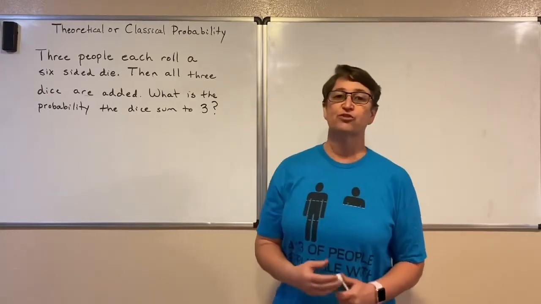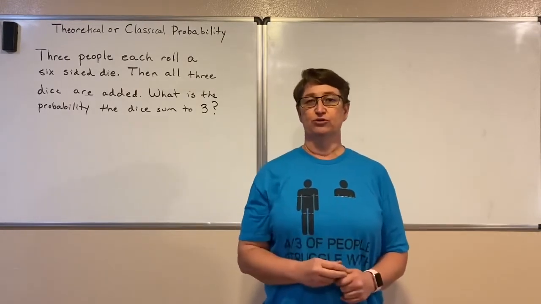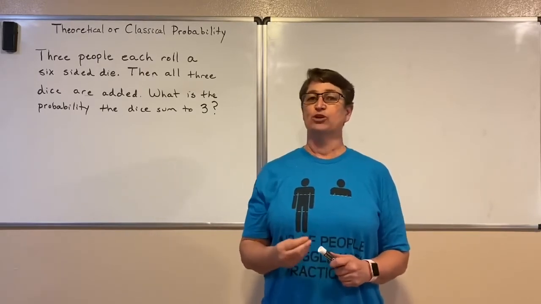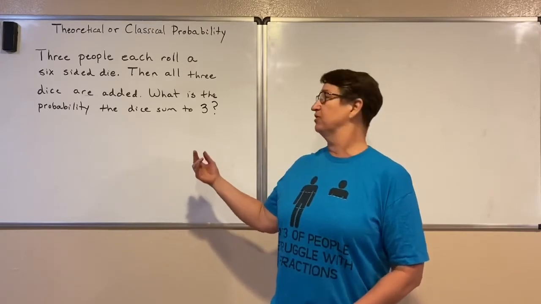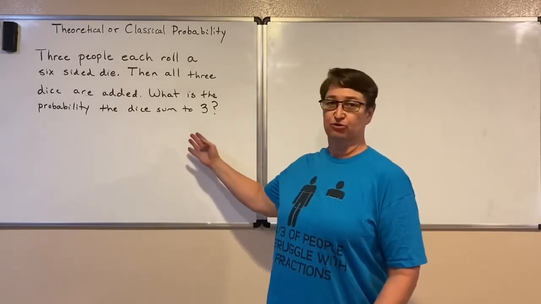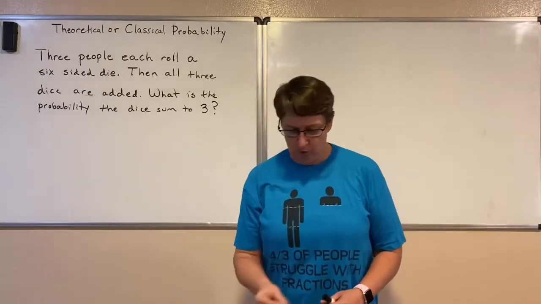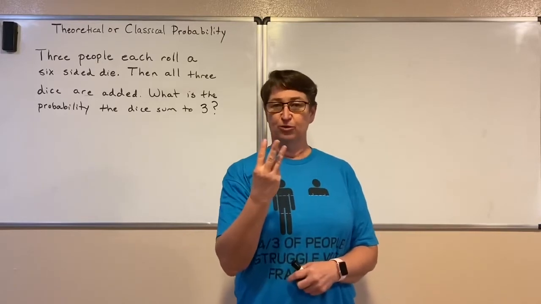So when we work these classical or theoretical probability problems, the first thing we want to do is write down in words how we would go about getting whatever it is that we're looking for. So in this case, our event is that they sum to 3. So we have to think about what would they roll so that when they all sum together, they add up to be 3.